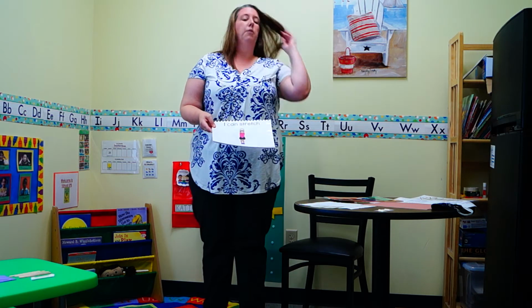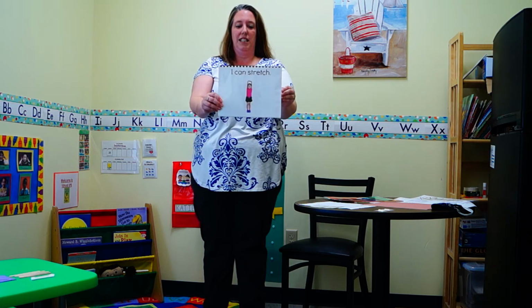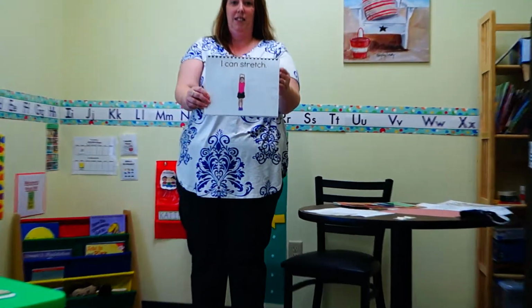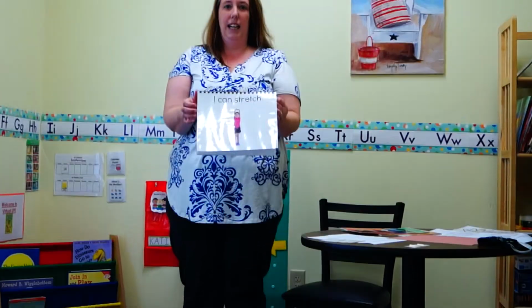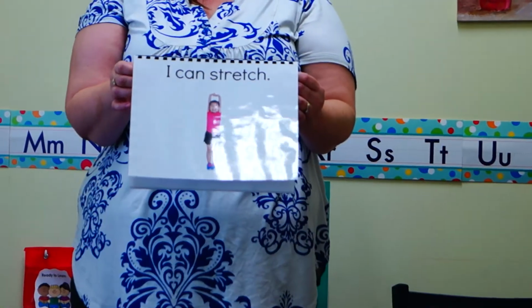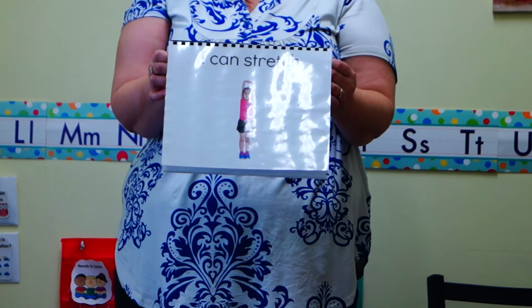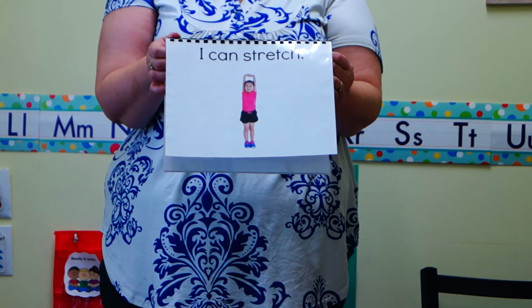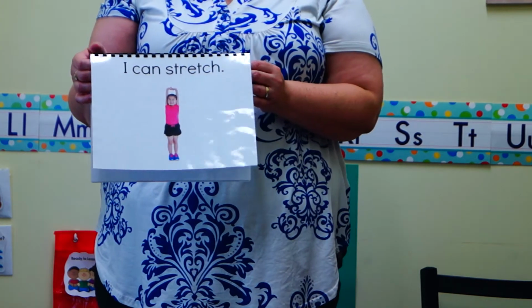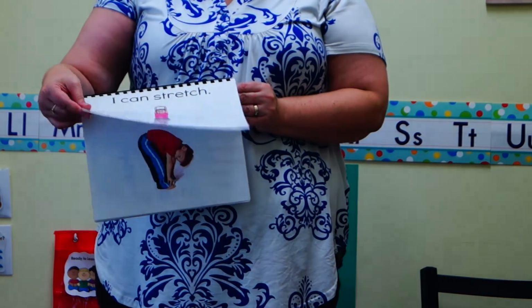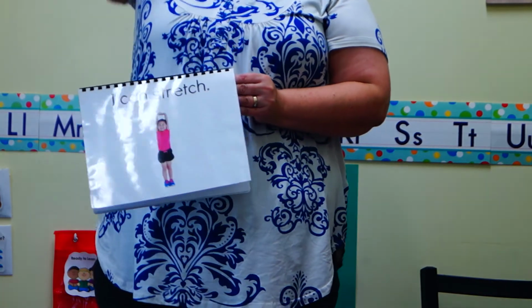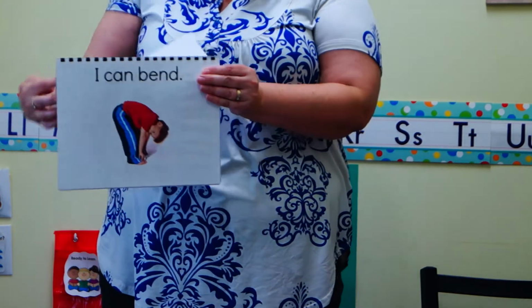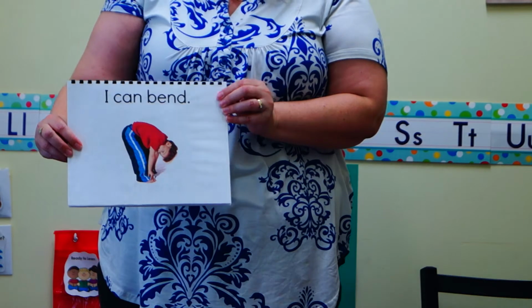All right. I'm going to show you the pictures this time so you can see them all. Ready? Stand up. Take one step back. Make sure you're not too close to the computer. Okay, here we go. I can stretch. I can bend.